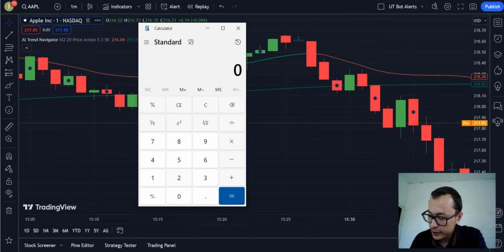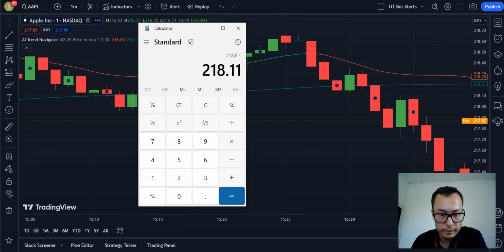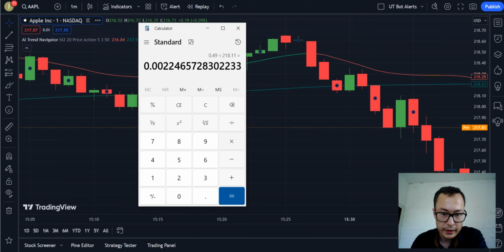So it's the final price, $218.60, minus the initial price, which is $218.11, divided by the initial price, which was $218.11, times 100.